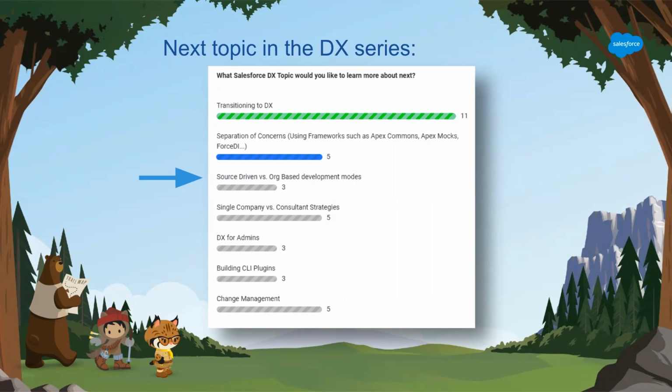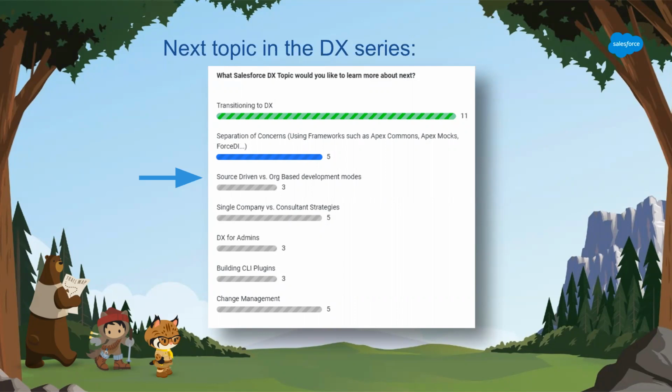DX itself provides so much better developer experience than all of the previous versions of the IDEs or even third-party IDEs. So we'll talk about the differences between those, strategies for working with each of these approaches, and maybe how to convert from the first to the second.